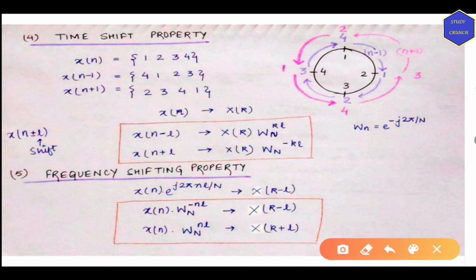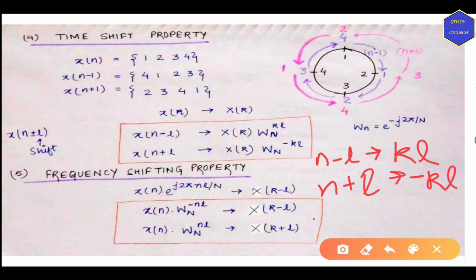So just remember, if it is n minus L, it will be kL, and for n plus L it will be minus kL. Whereas for k minus L, it will be minus nL, and the reverse for the other one.